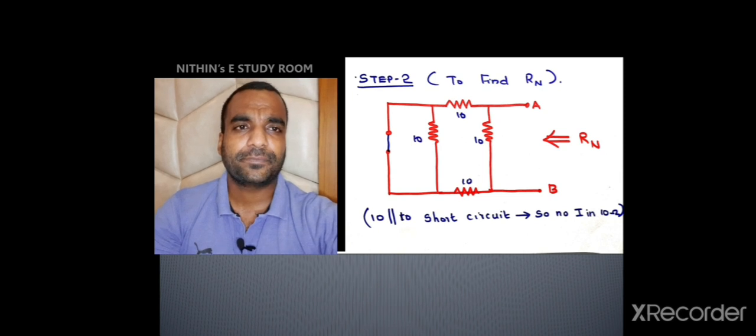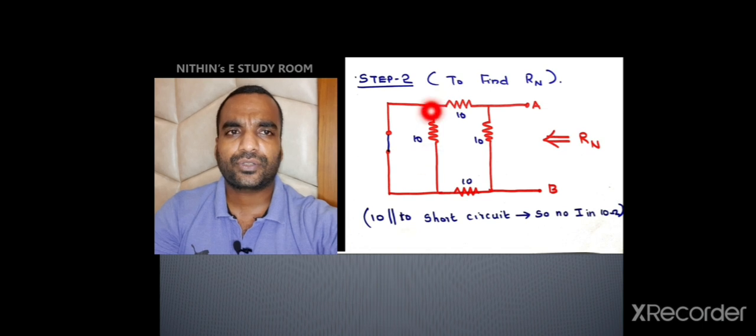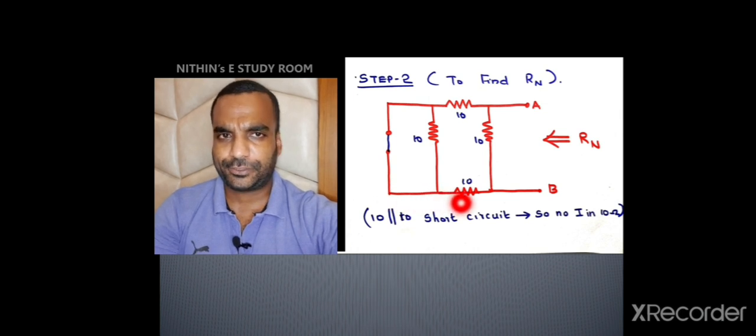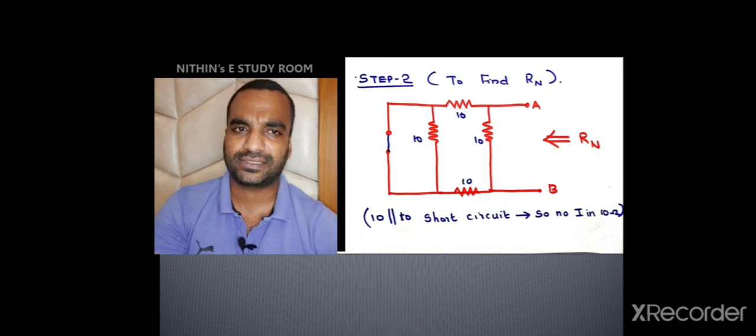Here you can see this 10 ohm is in parallel with the short circuit, so current coming from this side will not enter this 10 ohm resistor, because all the current will pass through the short circuit path.